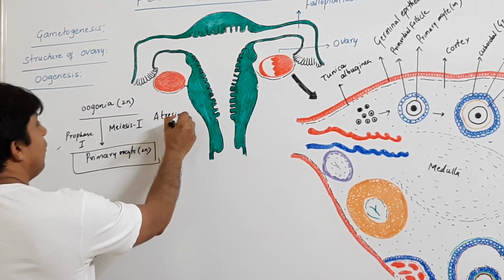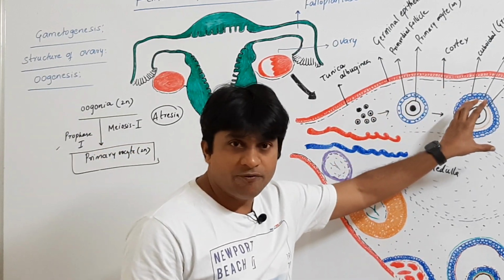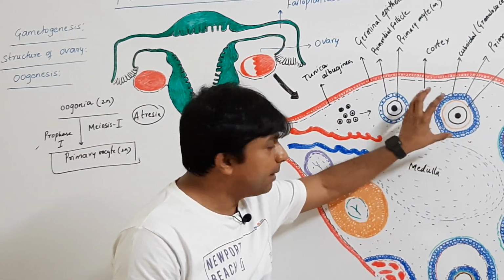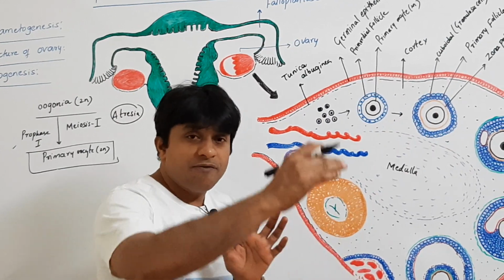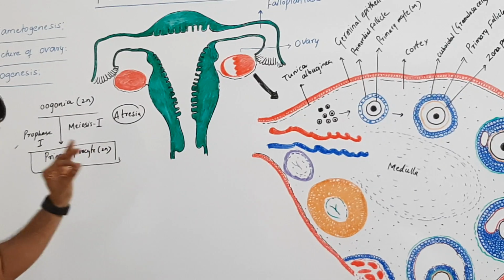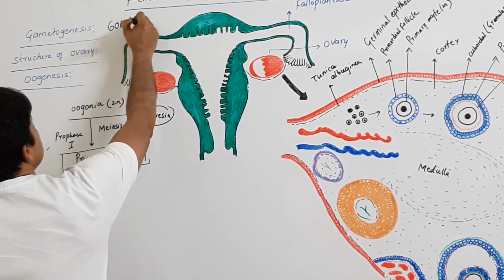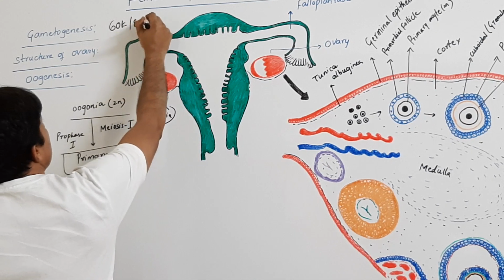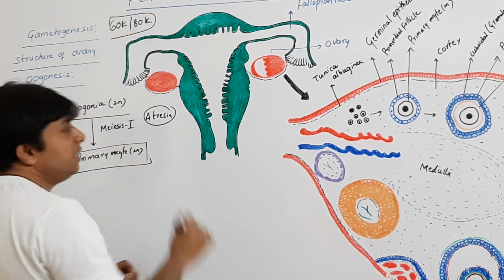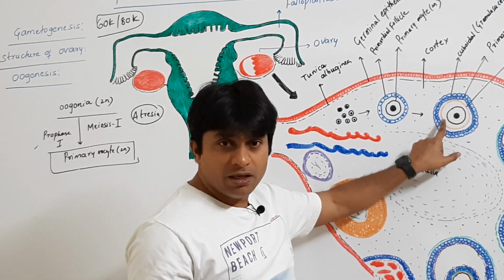The number of primary follicles will not increase now. After reaching puberty, only around 60,000 to 80,000 follicles are left in each ovary.